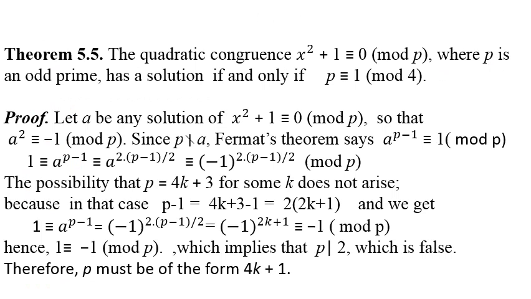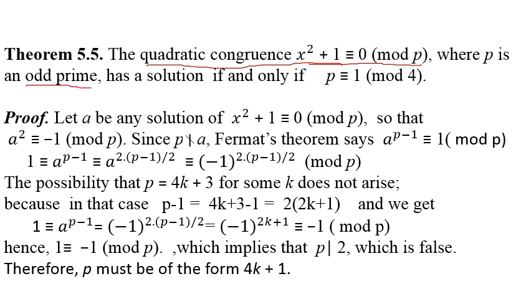Very important theorem in number theory. This is regarding the quadratic equation x square plus 1. Lot of applications for this. If you take a quadratic equation, x square plus 1 is congruent to 0 modulo p, where p is a prime number, we consider odd prime.